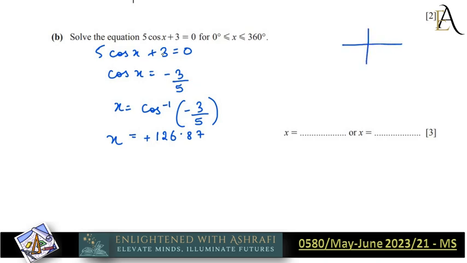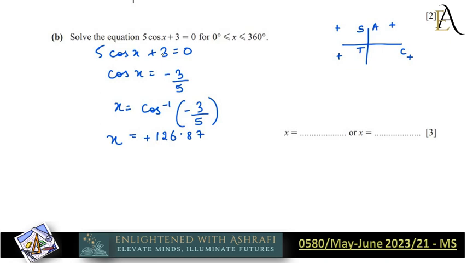Now over here we'll have to consider the quadrants. It's 126. We have C, A, S, T. That means here all the values are positive, here the sines are positive, here the tans are positive, and over here cos is positive.